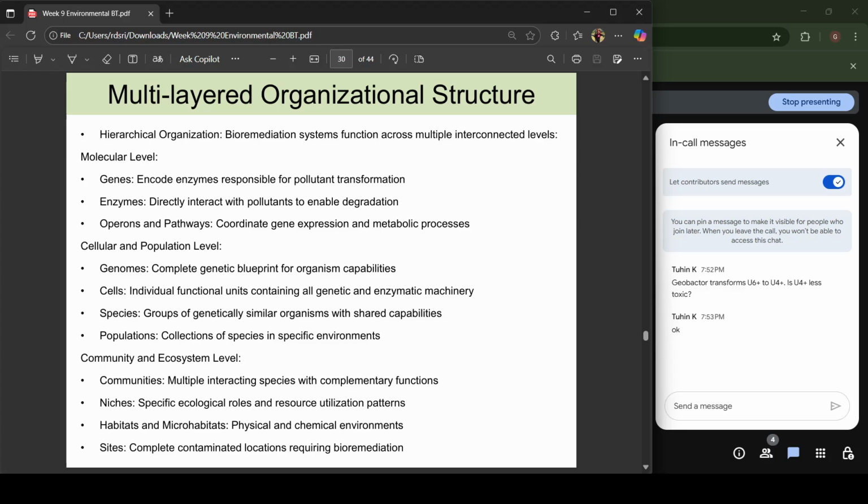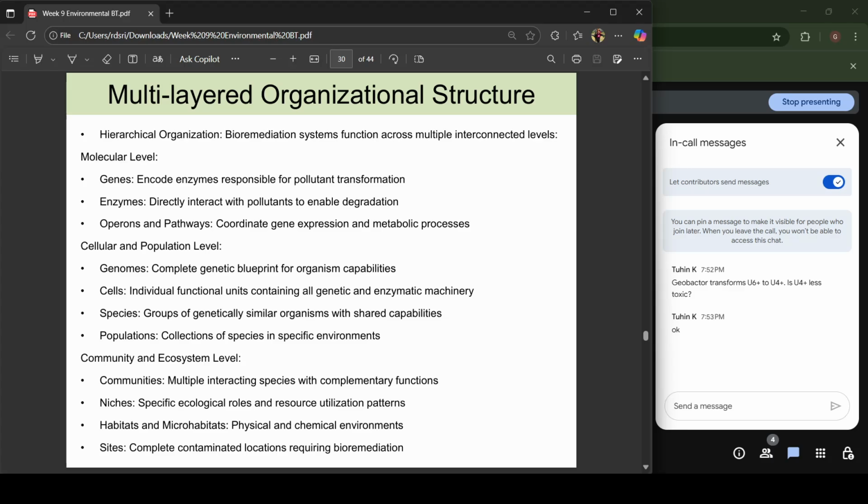So the cell is the one that encompasses the genome as well as the enzymes. Further, when you zoom out, you have the species, where similar cells together you call as species, the group of genetically similar organisms with shared capabilities, as per the definition here. And finally, when you again zoom out, you have populations where you have different species that are present.